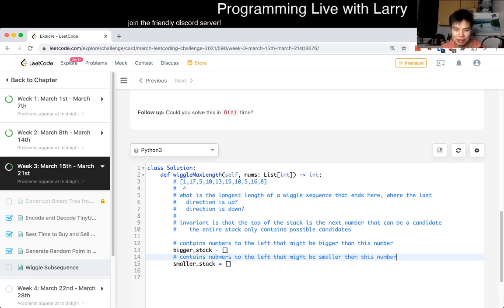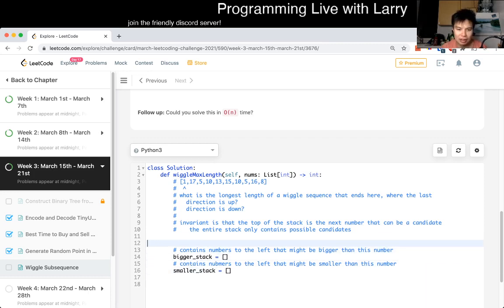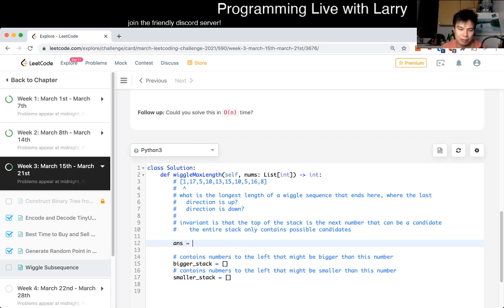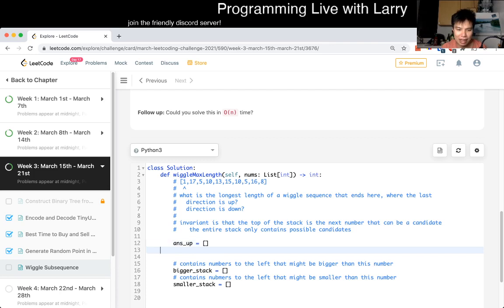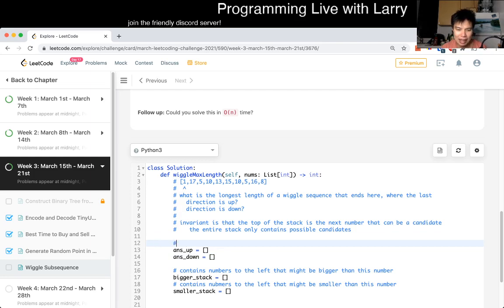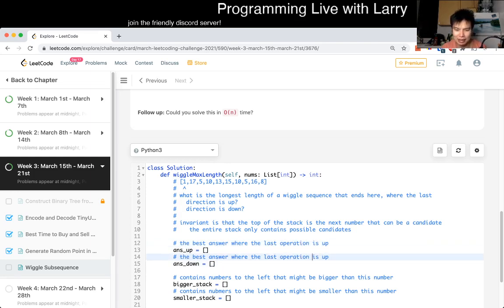Maybe next number is a better way to phrase it. But yeah, now we just go through, and maybe we just have answers up and answers down. Why does it go that way? So yeah, this is the best answer where the last operation is up, or last direction. I keep on saying that up.